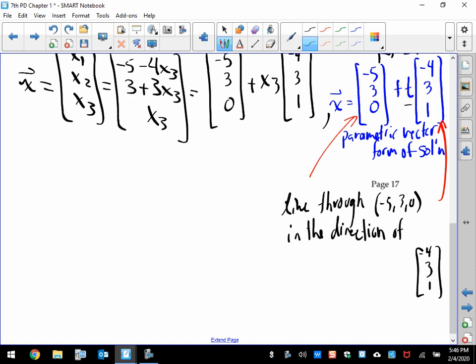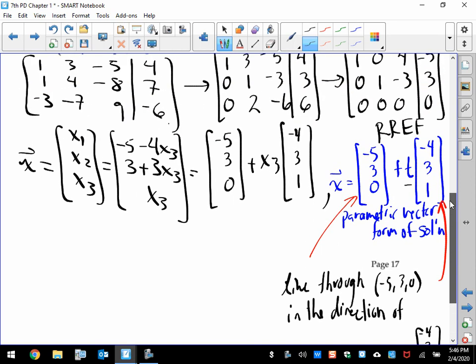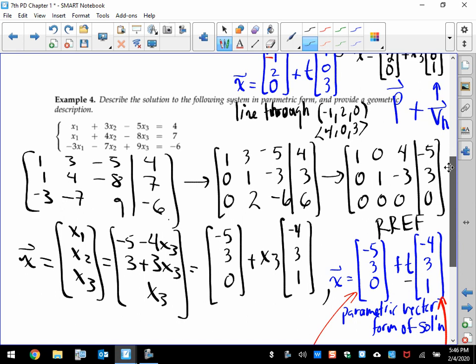So you have point, line, plane, and then, of course, it goes dimensionally higher, out of the dimensions that we physically can represent in 3 space. So you could have all of 3 space, I guess that would be a really silly system. So this is the idea here behind parametric vector form.